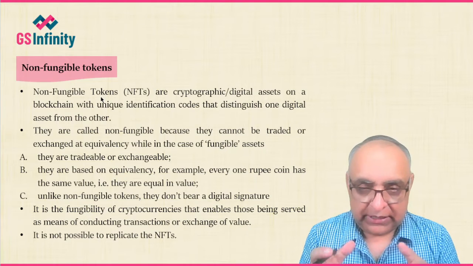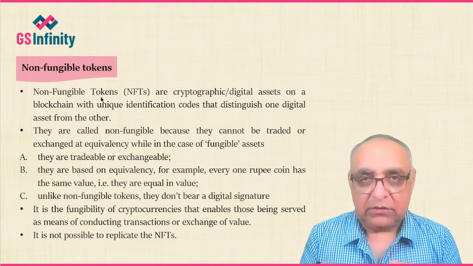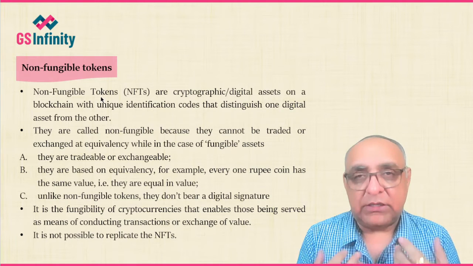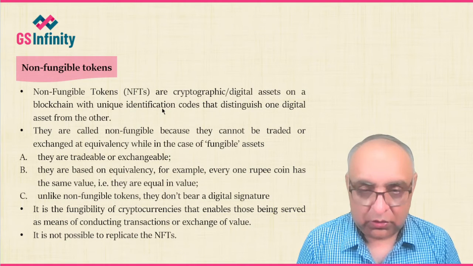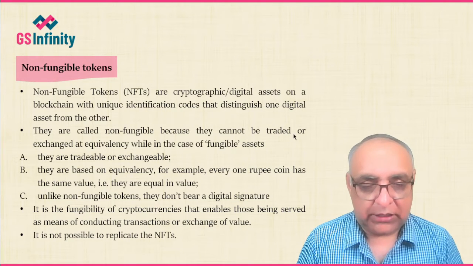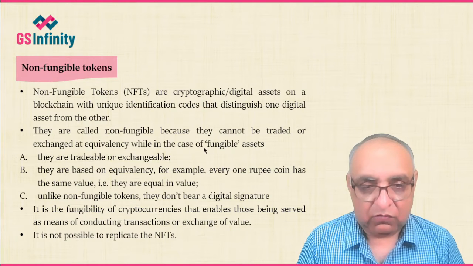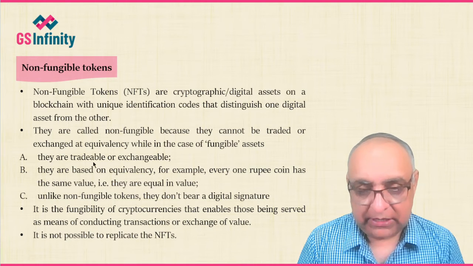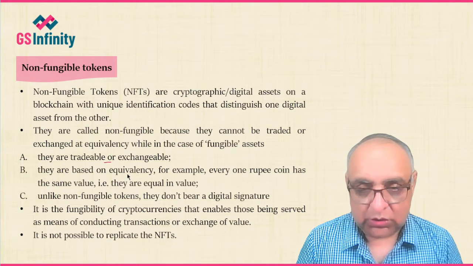Every asset will have a unique identification code which is required to distinguish one digital asset from the other. They are called non-fungible because they cannot be traded or exchanged at equivalency, while in the case of fungible assets, they are tradable or exchangeable. They are based on equivalency.